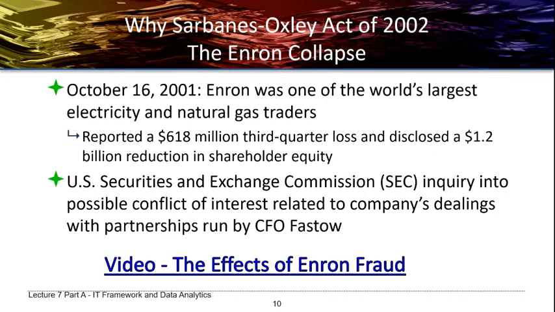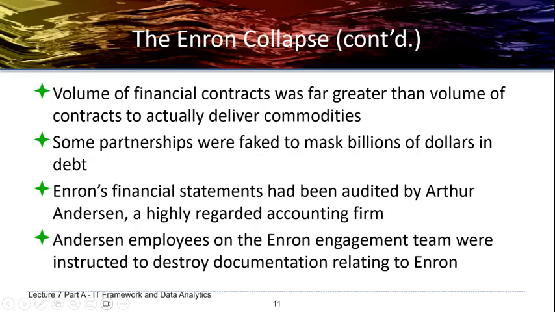When they really inquired into this case, they realized the volume of financial contracts was far greater than the volume of contracts to actually deliver commodities. Some partnerships were faked to mask billions of dollars in debts. And this was all the work done by the CEO and the CFO together.